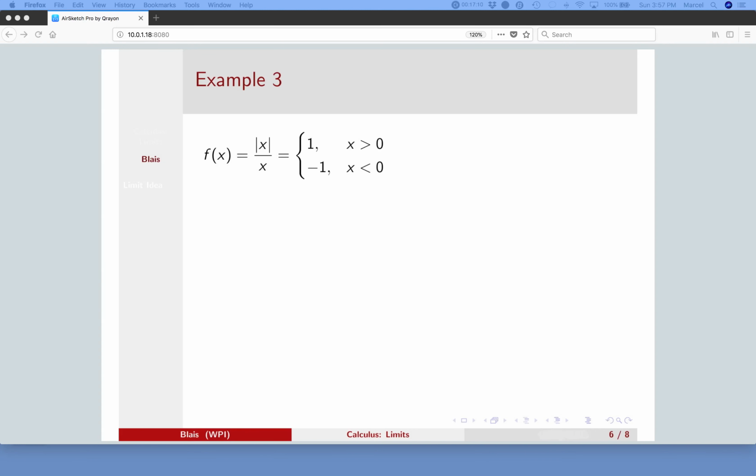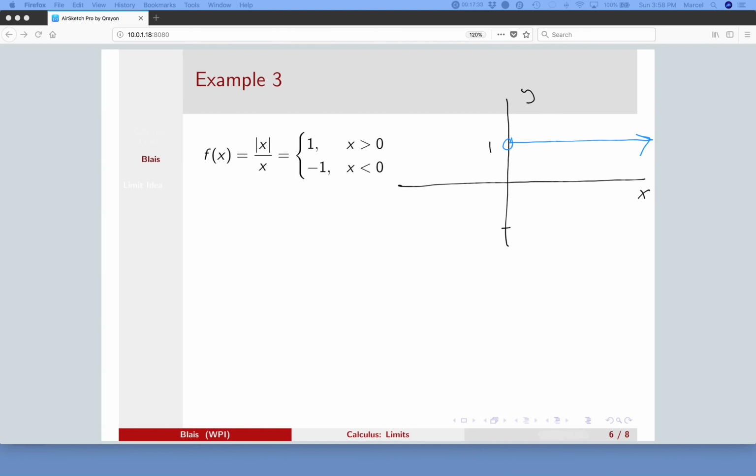So the graph of this function, so remember, undefined at 0, anytime x is positive, this thing is equal to 1. But you have to put a hole here at 0.